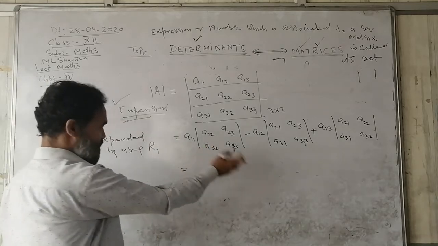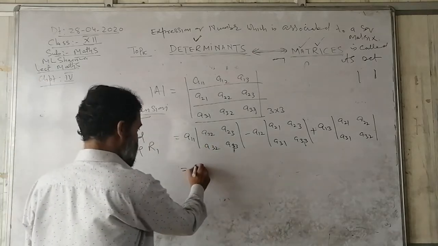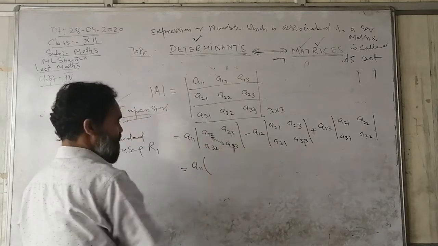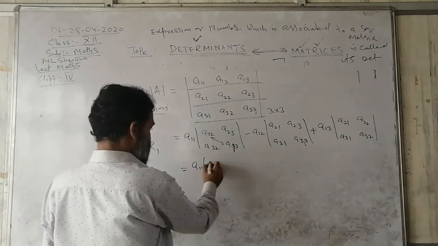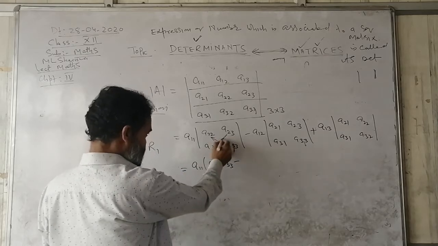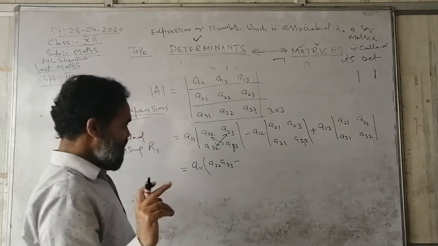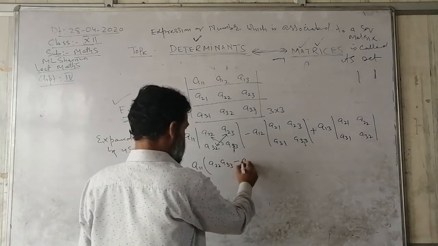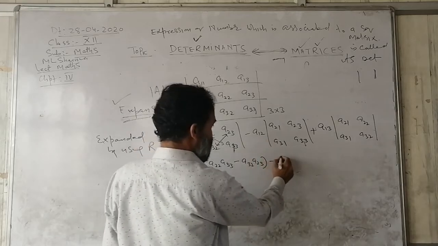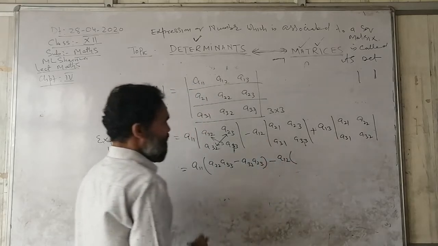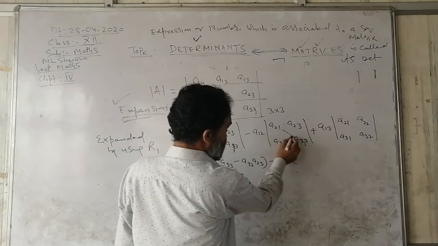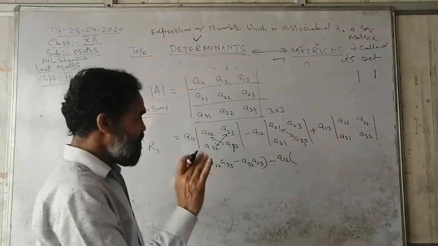So on simplification I can write it as A11. Then I will multiply these two elements which are lying on the principal diagonal, A22, A33, minus this diagonal which is called the reverse diagonal, so A32, A23, minus A12. Again, this is a 2 by 2 determinant. For this expansion, the principal diagonal elements are to be multiplied.